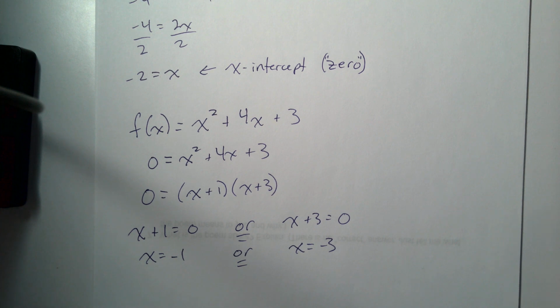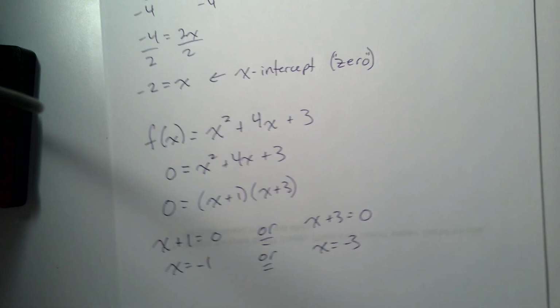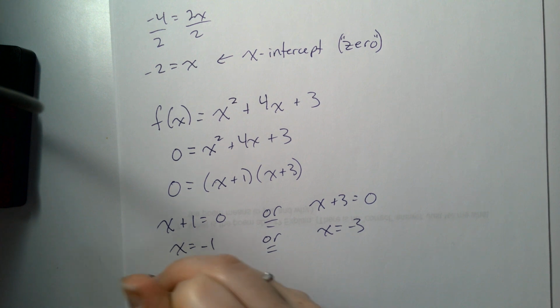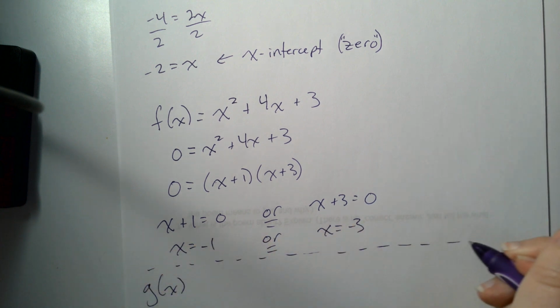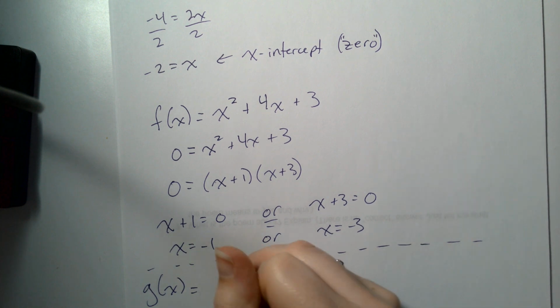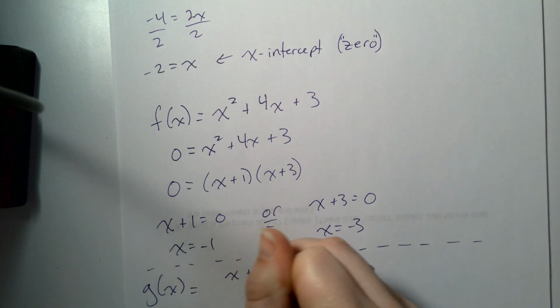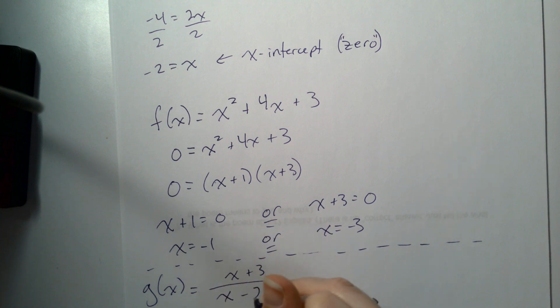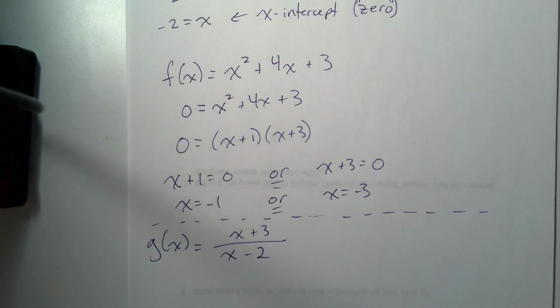Now let's look at x-intercepts of rational functions. Let's say we have g of x equals x plus 3 over x minus 2. Let's just do something like that.